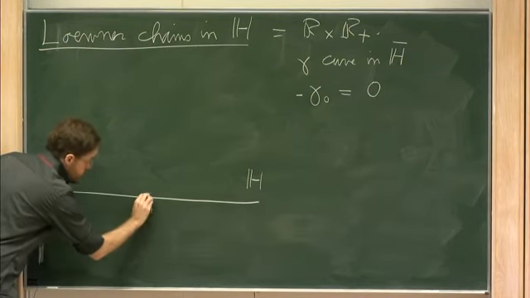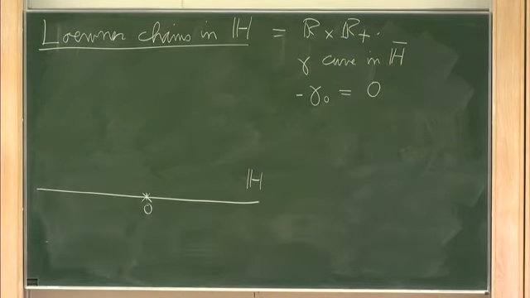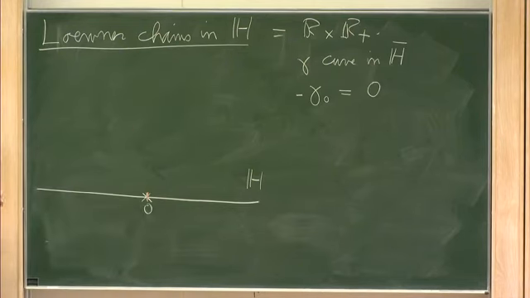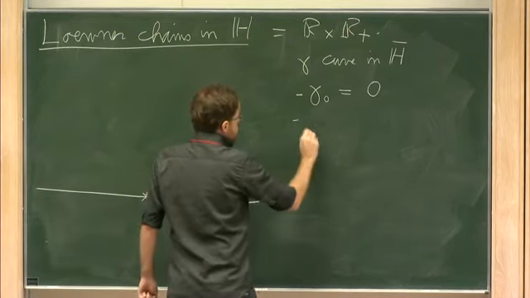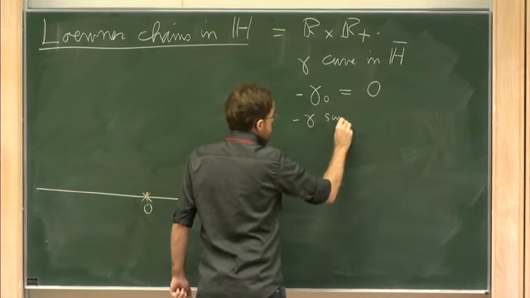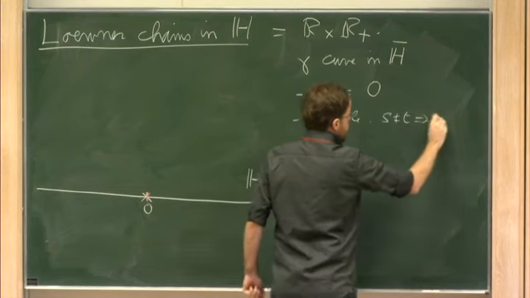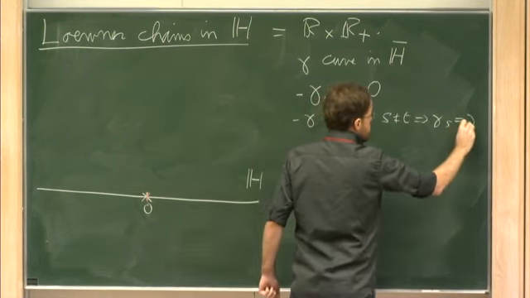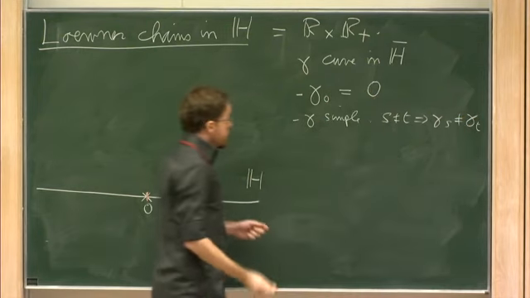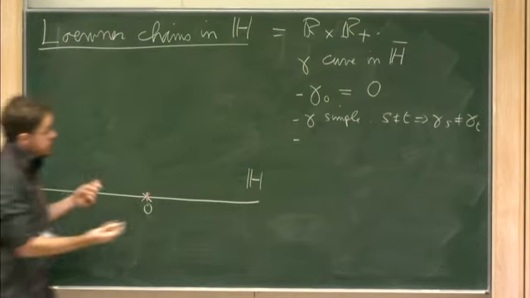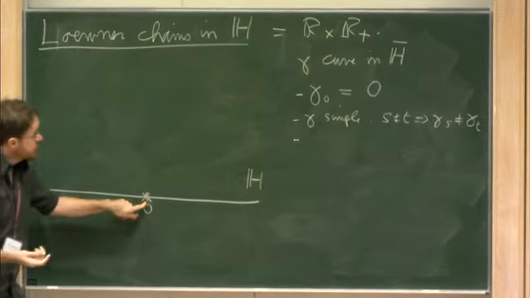So the curve starts here. For the moment, I will assume that gamma is simple. So if S is not equal to T, then gamma S is not equal to gamma T. And I will assume that gamma does not touch the boundary, again after leaving it at 0.